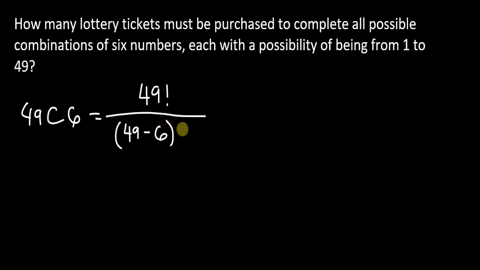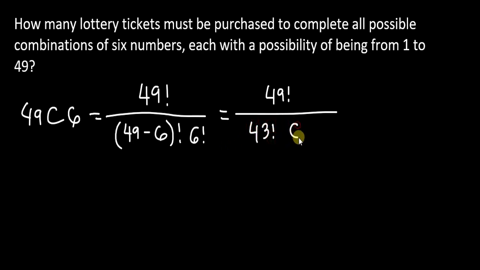Kasi 6 yung pipiliin mo. 6 factorial, then 6 factorial. And that is equal to 49 factorial over 49 minus 6, that is 43, 43 factorial, 6 factorial.